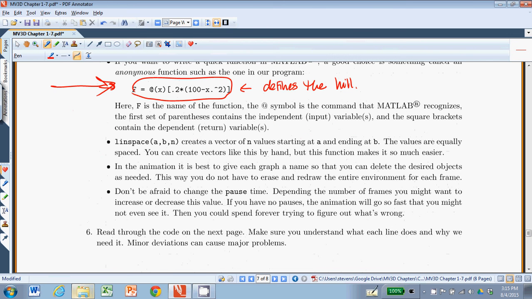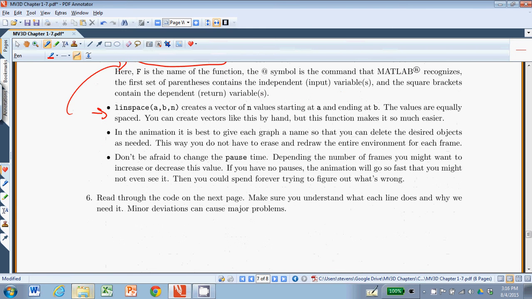You might do it that way, you'll notice right away that something is strange. This linspace command is just to create a vector of x values that I use to create the hill. It's a very handy command to have. For example, if you have linspace 0, 1, 6, that'll give you 6 points starting at 0, ending at 1. So you actually get 0, 0.2, 0.4, 0.6, 0.8, and 1.